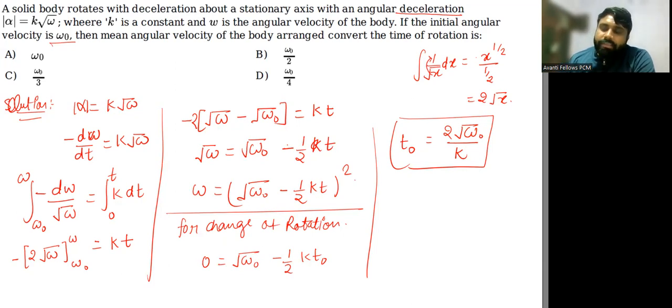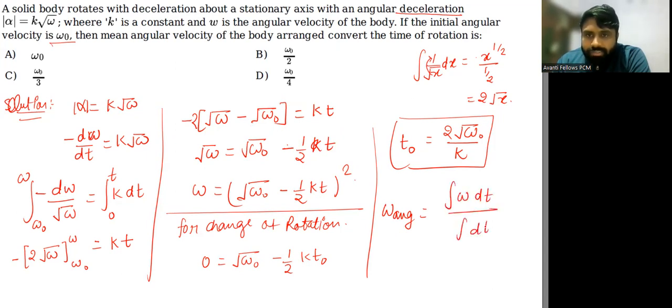Now, we have to calculate the average value of the angular velocity for that time. So the average will be given by the integration of omega dt divided by the integration of dt. Now for what time are we calculating it? We are calculating from 0 to t naught.